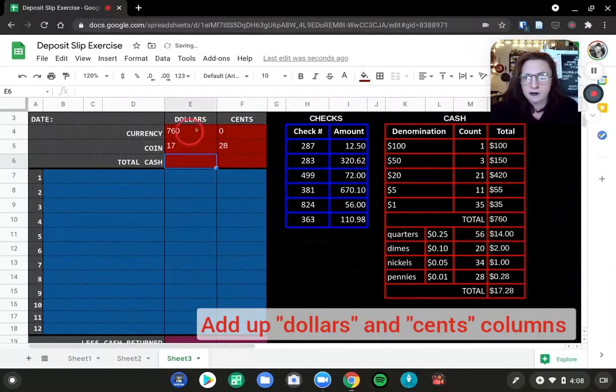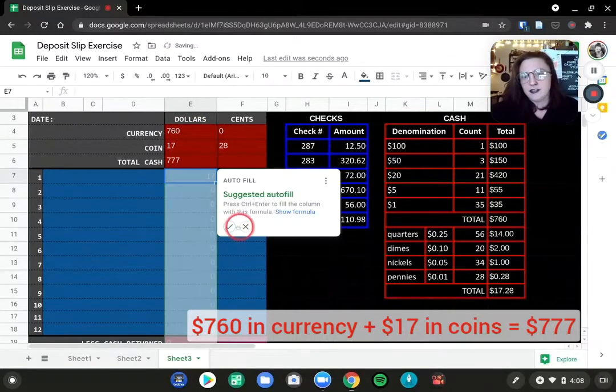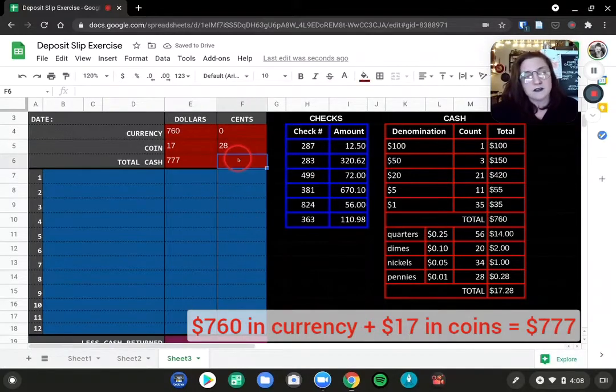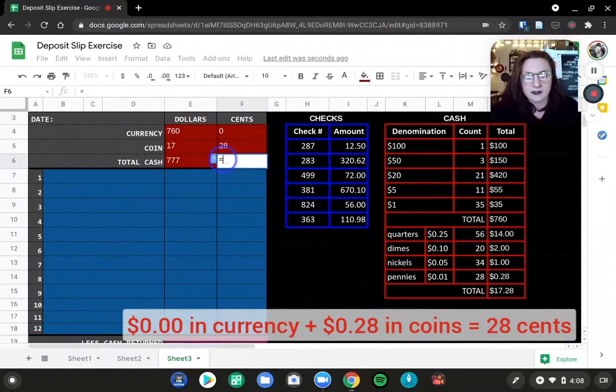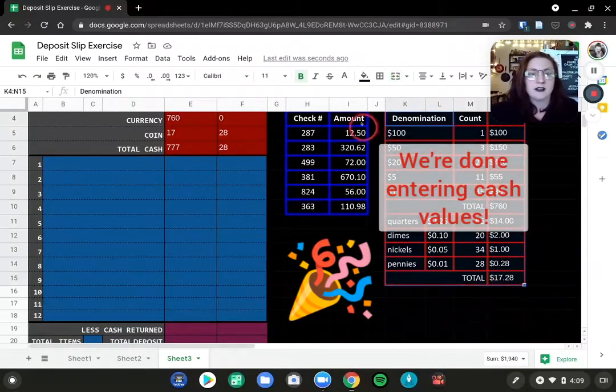And then we add up our dollars and cents for all of our cash. So we go 760 plus $17 is $777, and then 0 plus 28 cents is 28 cents. Okay, so we have completed our cash.